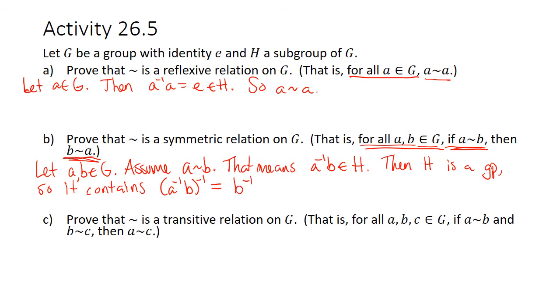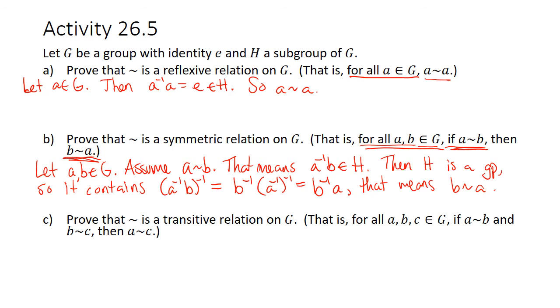So this is going to be B inverse, A inverse, inverse. Just like with matrices, you reverse the order and then apply the inverse to each one. So this is going to be B inverse A, and that means that B is related to A by the tilde operation.